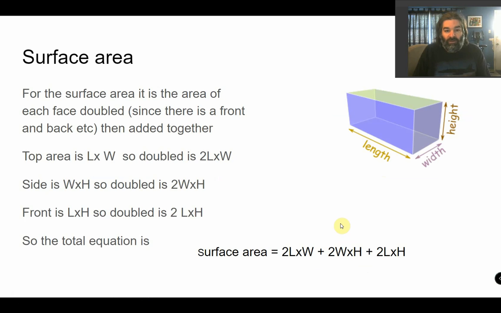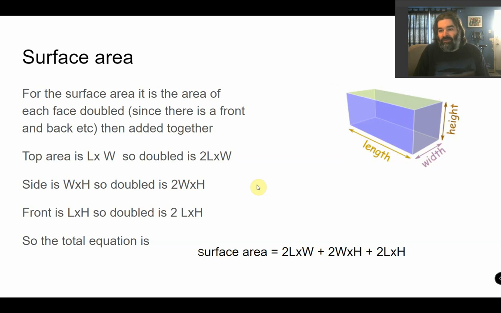So for surface area, if you think of what we found, it's each area of each face doubled. So the front would be length times height, the side would be width times height, the top would be length times width. And then we double it because you have a top and a bottom, a front and a back, a left and a right.